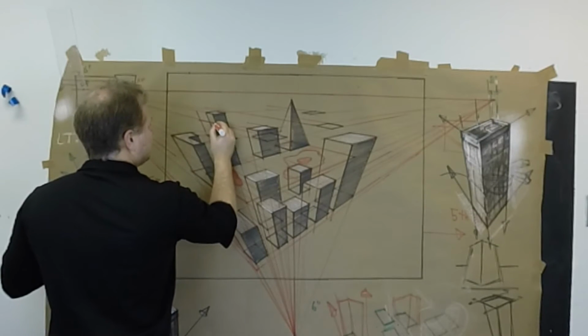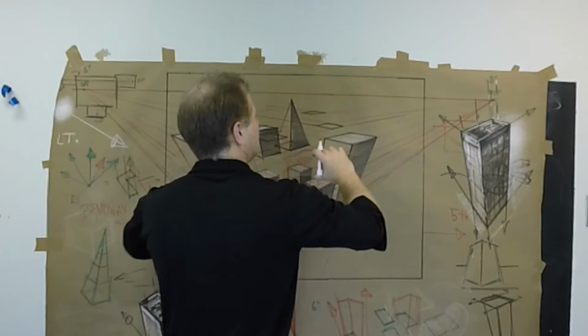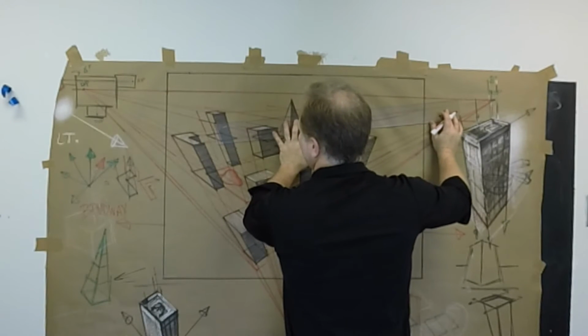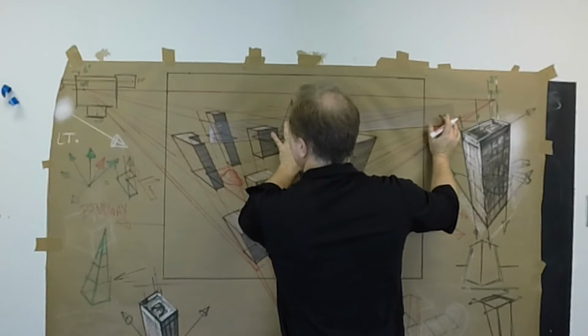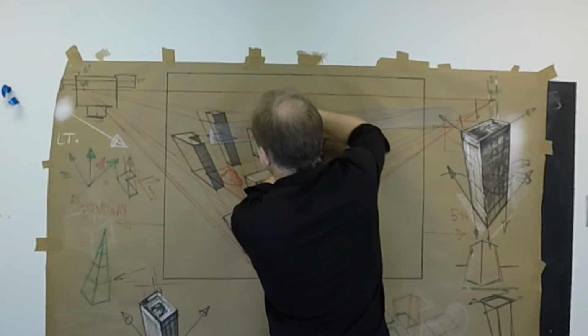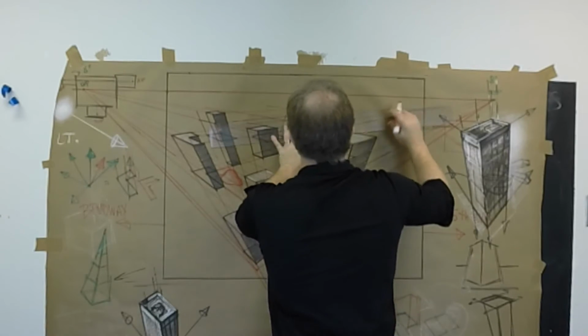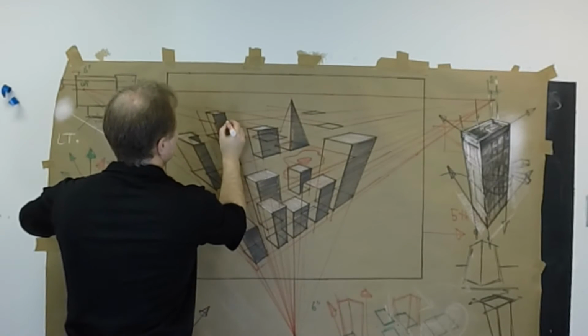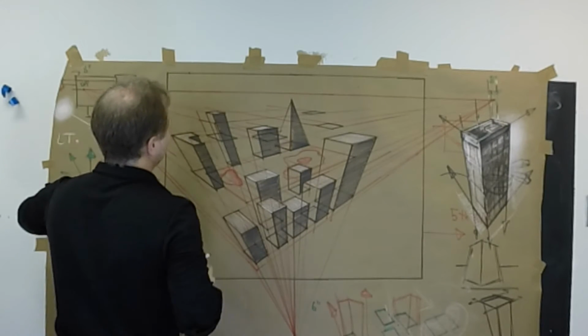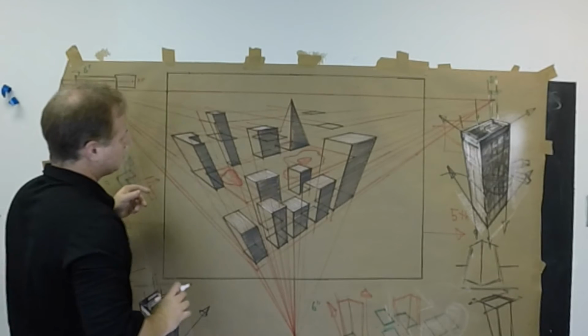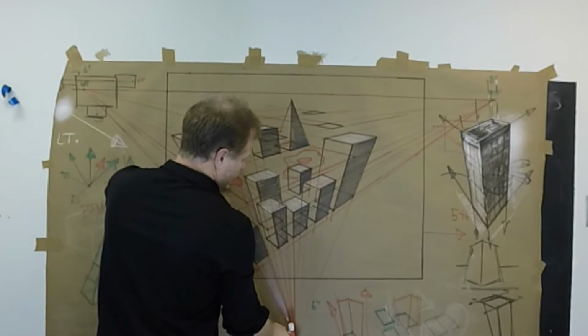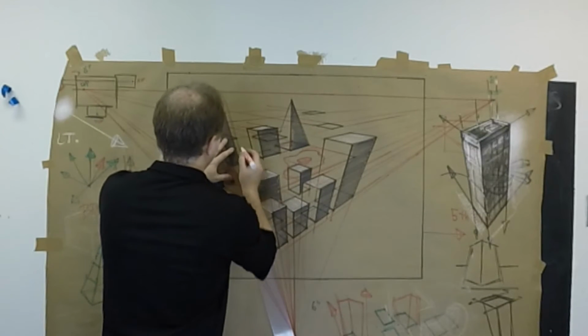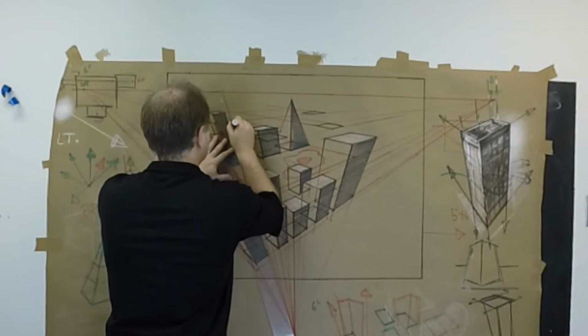And then from this point, we'll go all the way back to the right vanishing point. Here to there we go. Take that back all the way over. And then here's our line for our right plane of our building. And then from the vertical vanishing point up through the bottom right here.